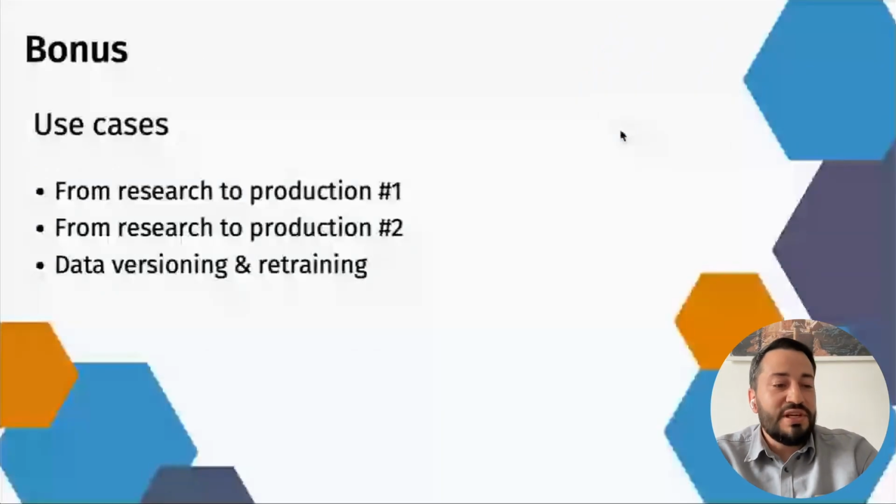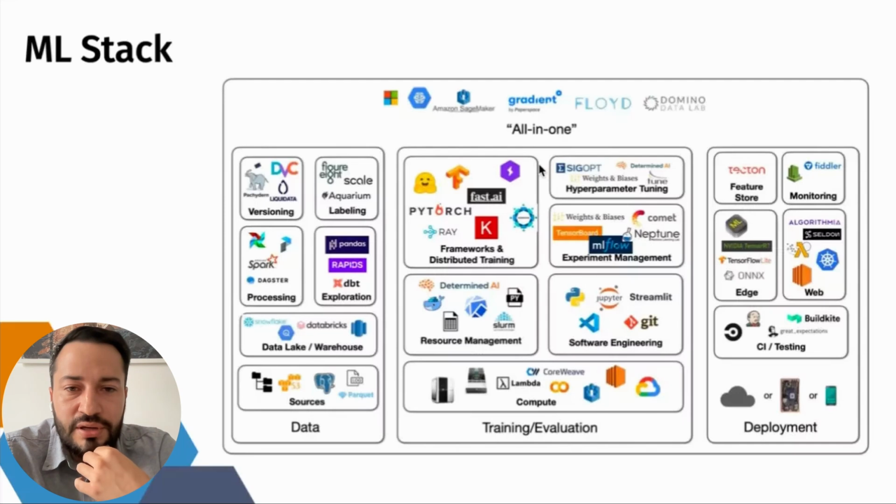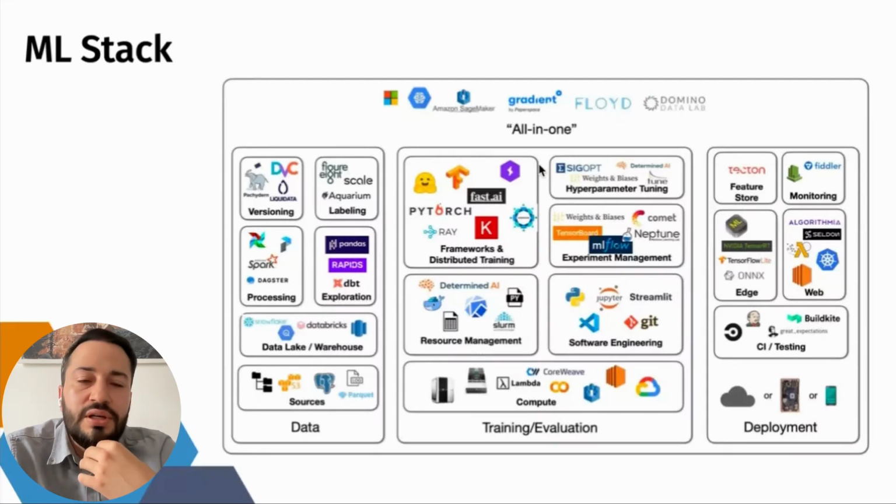And some bonuses from my side. I faced a lot of challenges during this journey, and I understand sometimes it's quite scary to figure out how to get started and what kind of services or tools I need to use. For example, this is a service map which was introduced maybe four years ago, maybe even more.